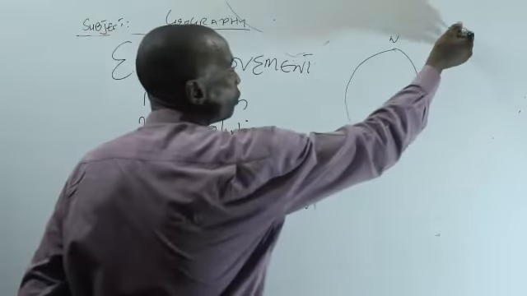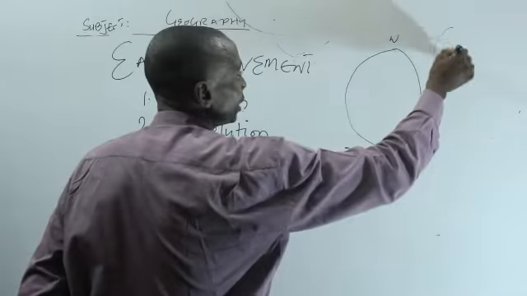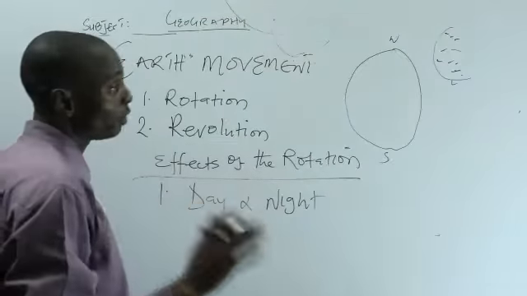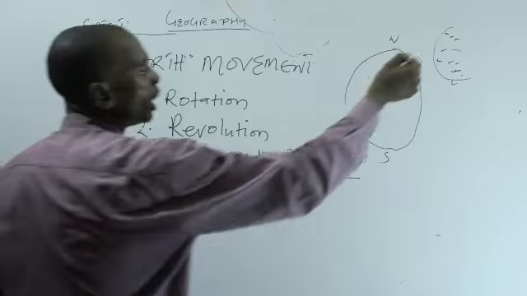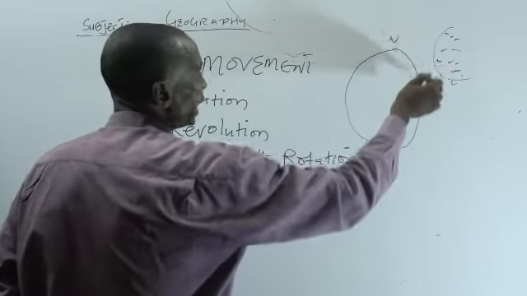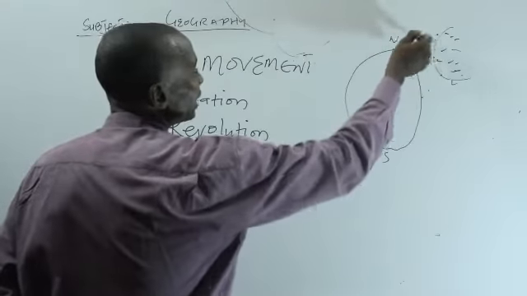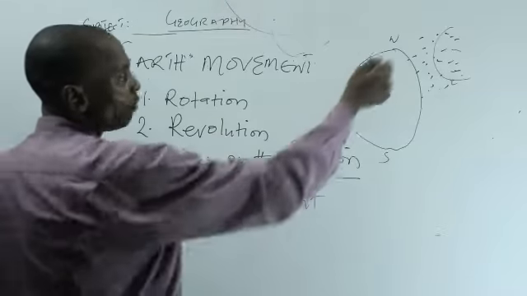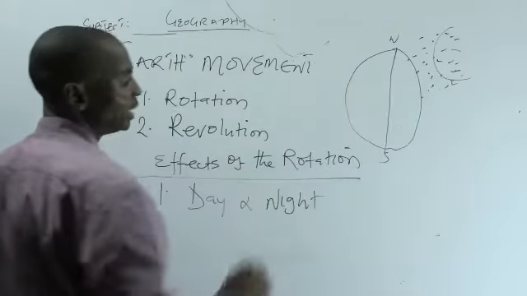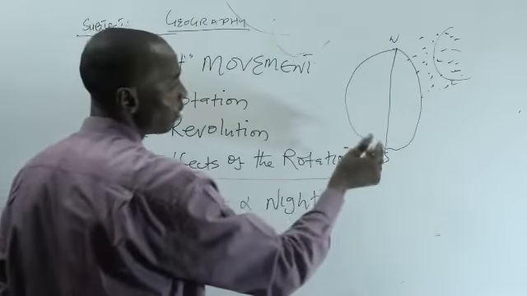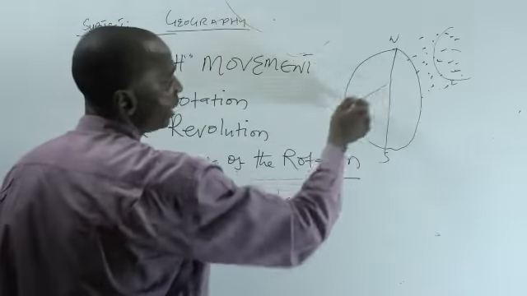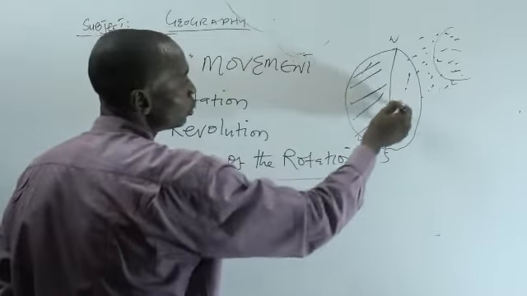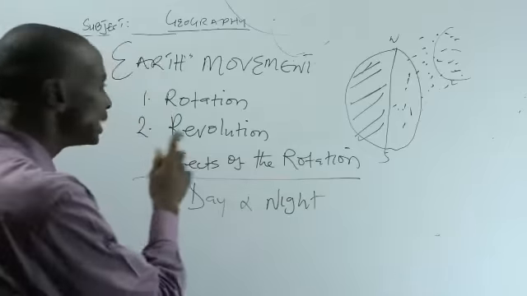Now, if you have the sun here, and we have established that the earth was not flat but spherical, the side that faces the sun receives its solar energy, therefore it has daylight. So if this is the earth, here will be darkness, while this place will be light.